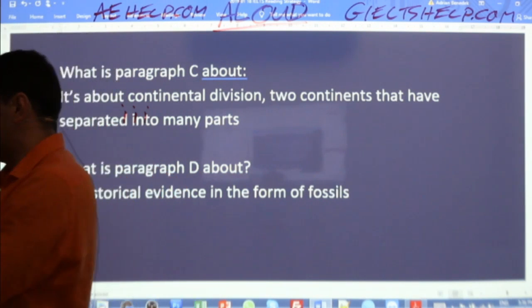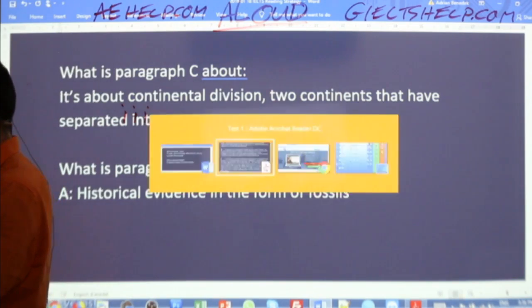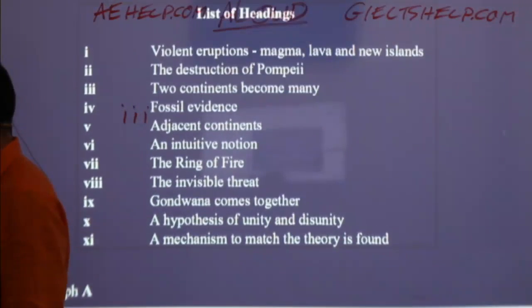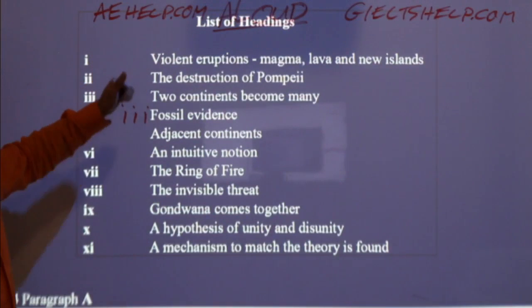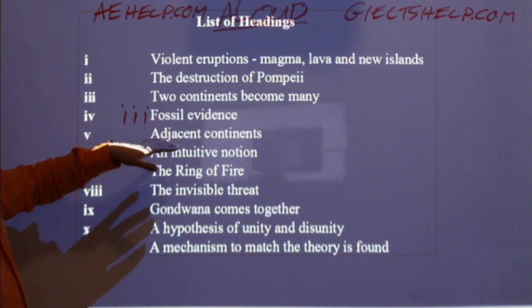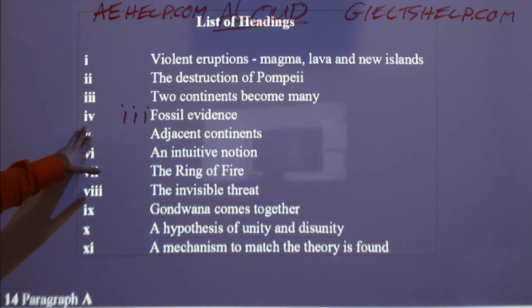All right, so let's see if we have anything that matches historical evidence in the form of fossils. Okay, volcanoes, no. Destruction of Pompeii, no. Two continents become many, we just chose that one, no. Fossil evidence, number 4. Hey, that looks pretty good.